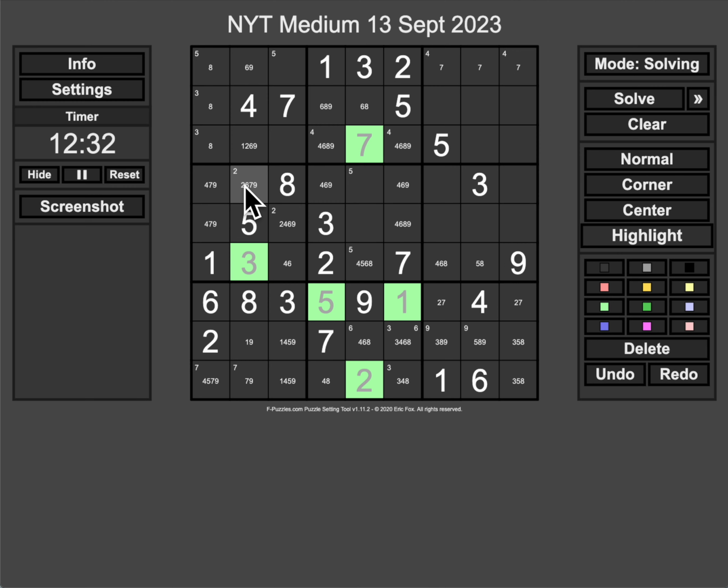Okay, what's my next option? This needs 3 or 6. That still doesn't eliminate 4 or 8 down to 2 possibilities, does it?